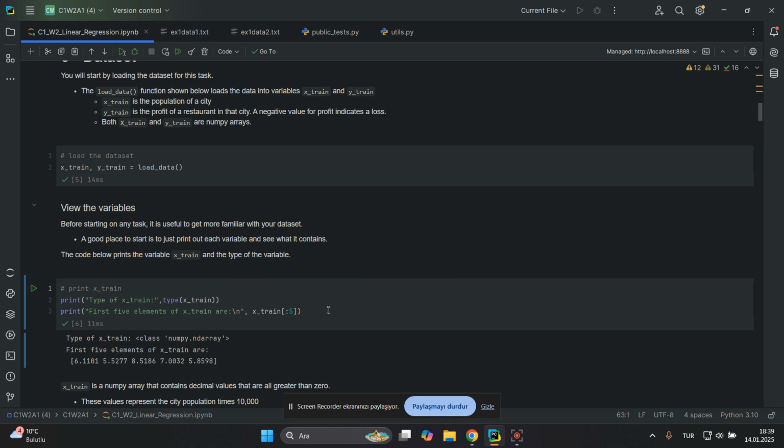It has 6.1, 5.1, 5.5, 8.57 and 5.8. We can actually do the Y-train for it also.